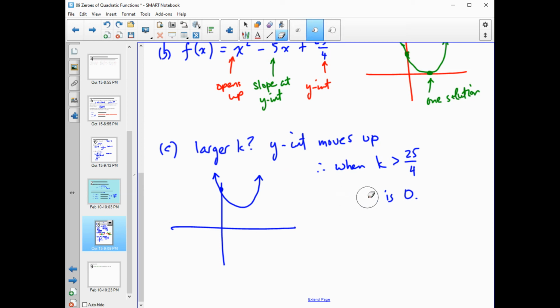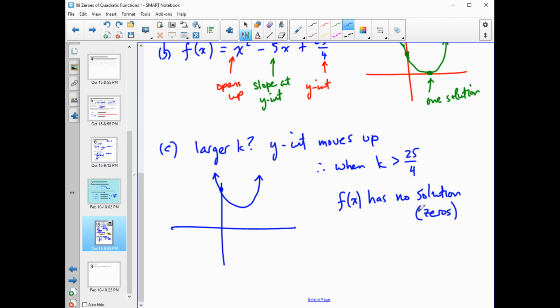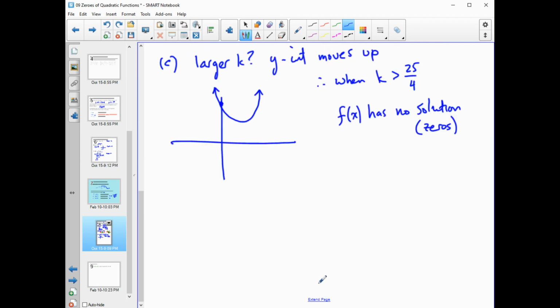Rather than counting number of zeros, I would rather you say when k is greater than 25/4, f of x has no solution, or zeros, if you want to think of it that way. And I think you can probably see where this is going.